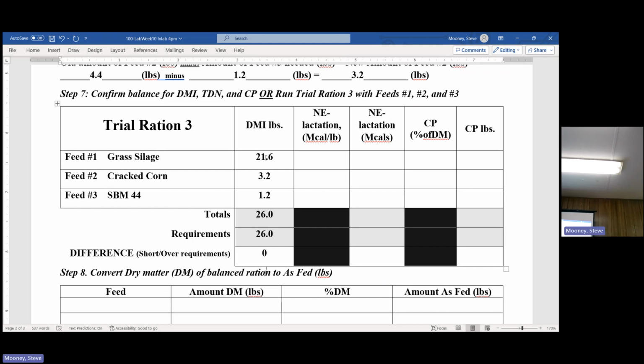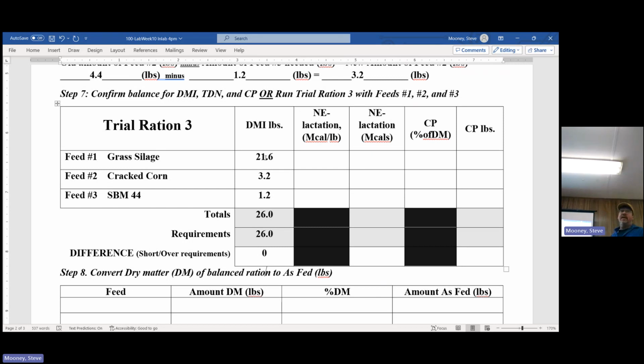Remember the trick from last week, steal it from the first row on the previous ration. This line here is exactly the same as the one up on the previous one. And then we do the same pattern as before.